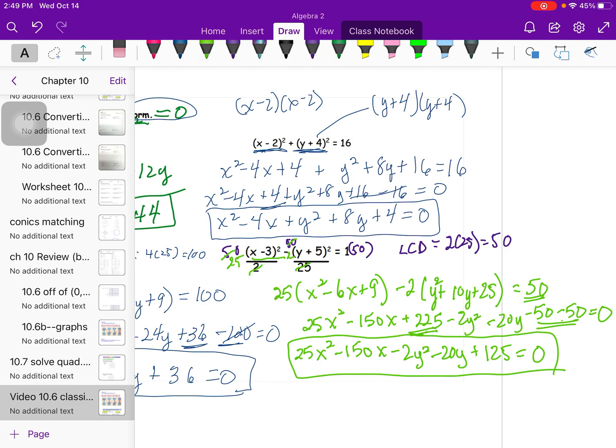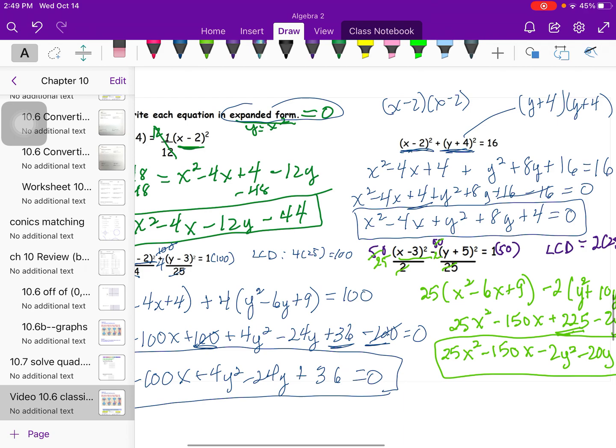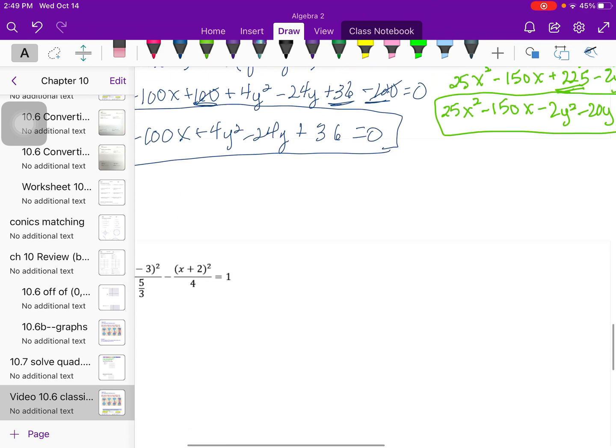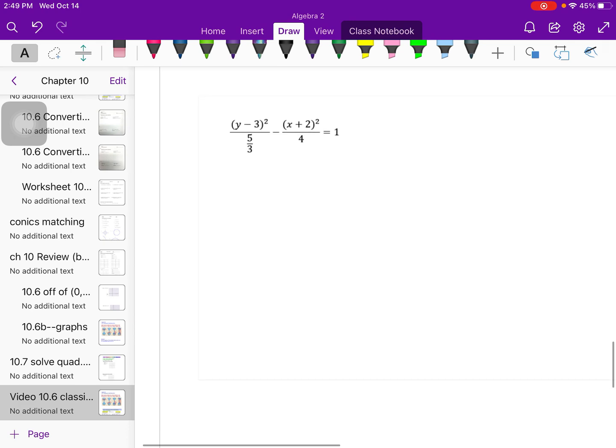So expanded simply means multiply everything out. Standard means write it in its conic form. Right? So here I have one more where I'm going to have to find my LCD.